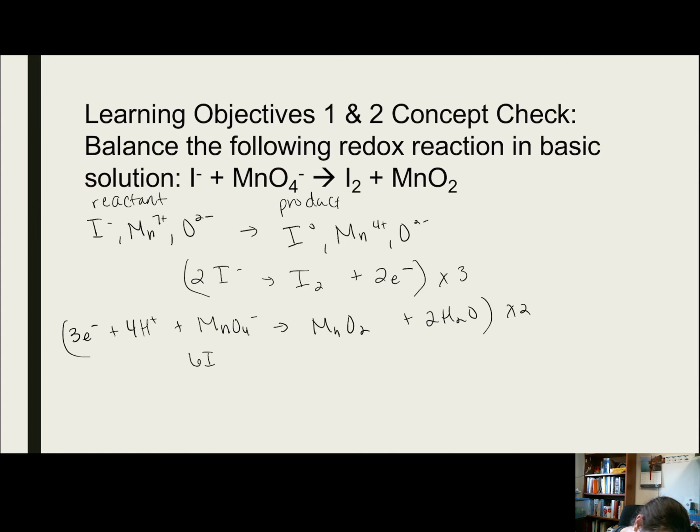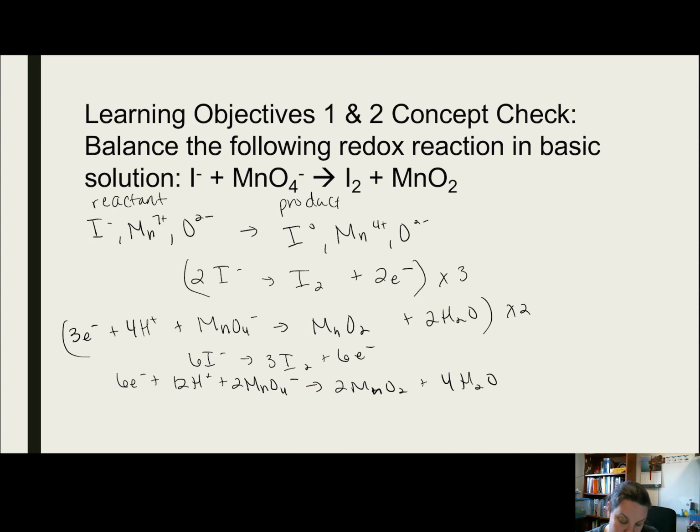6I minus goes to 3I2 plus 6 electrons, and we get 6 electrons plus 12H plus 2 MnO4 minus goes to 2 MnO2 plus 4 H2O.